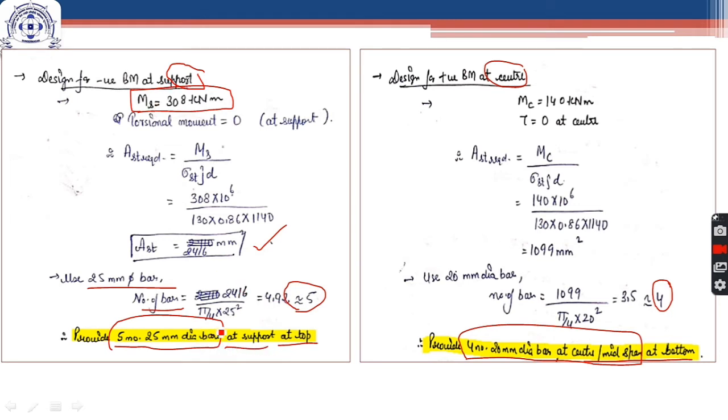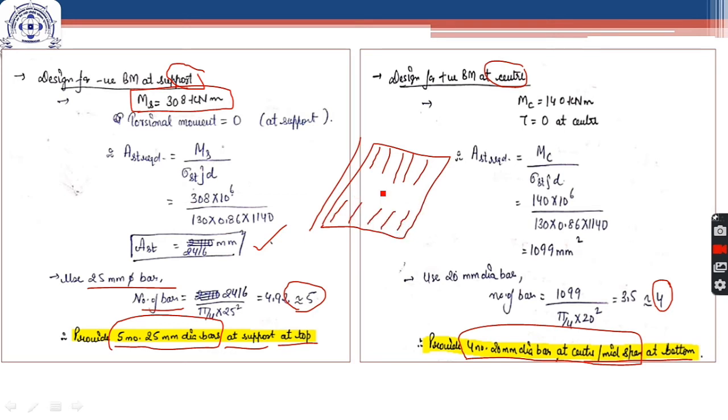Okay, so actually we required 5 bars at the support portion of top face, but for safety we can extend some of the reinforcement in the middle portion also. For example, if this is your beam, then in the support region, if this is the length of the beam, in the support region we have to provide 5 bars.